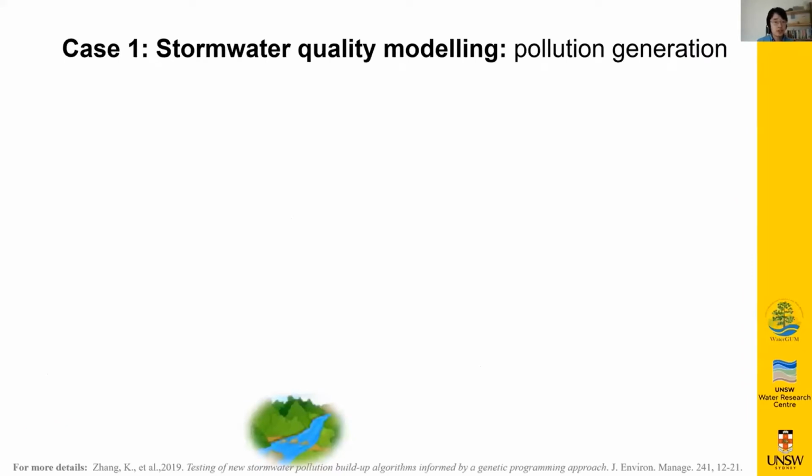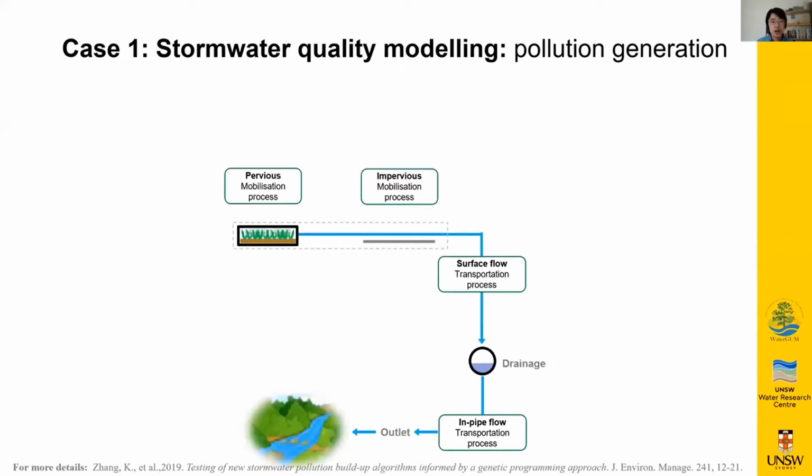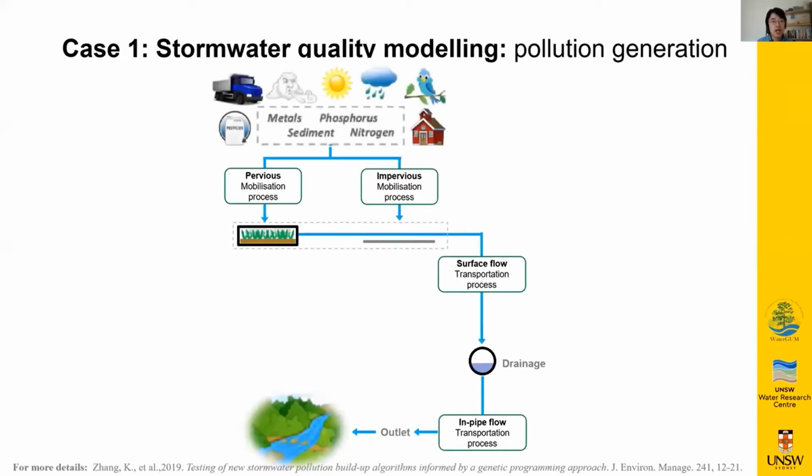The first case is to model the stormwater quality in urban catchments. We all know that pollution generation in our urban catchments is highly complicated. There are sources of pollution from human activities, and the pollution will accumulate on pervious and impervious areas, which will then be flushed away upon rainfall.